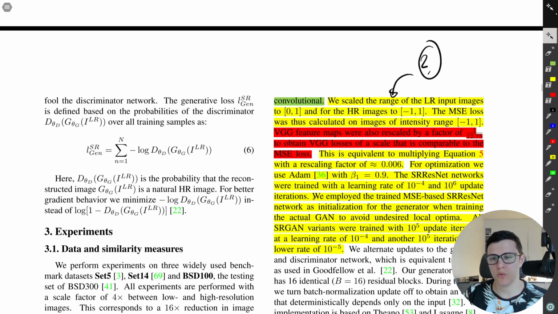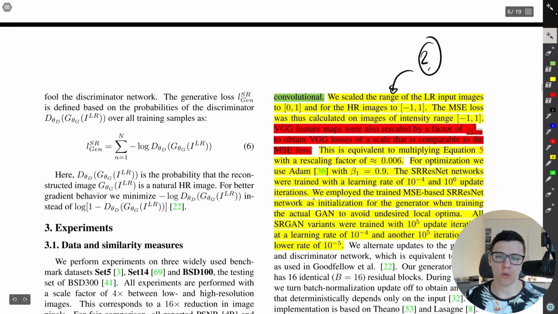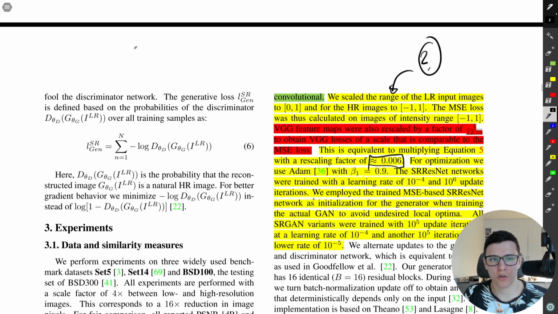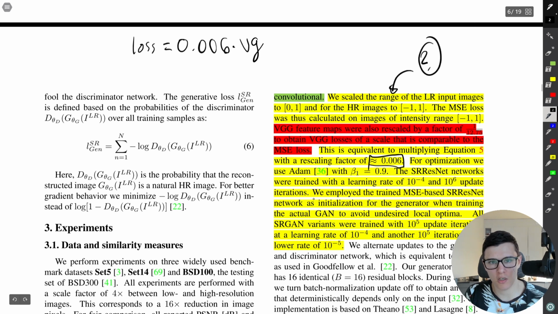But my question is, if you're only training it now on VGG and the GAN loss, why do you have to introduce this multiplication of the loss term? So as we saw, basically what you're going to have as your loss is 0.006 times VGG plus 1e minus 3 times the GAN loss, right?